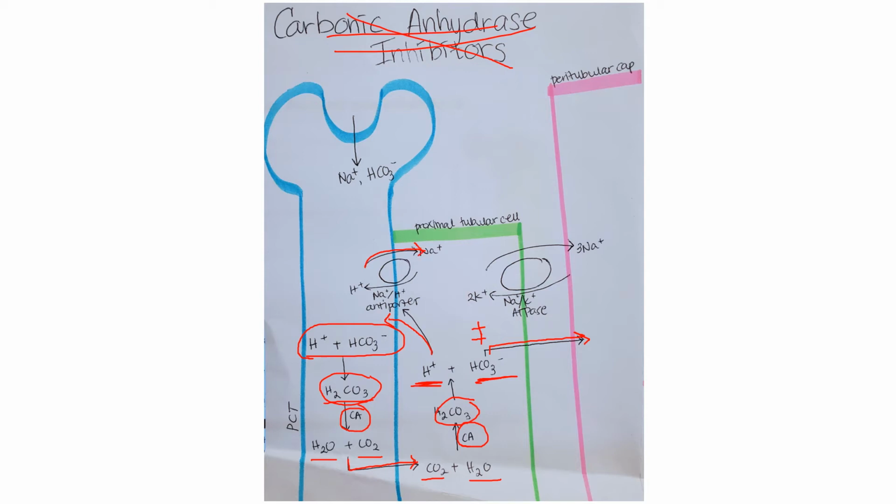Just to summarize what's happening in a normal physiological setting, the net effects would be our bicarb is reabsorbed into the peritubular capillary, our water is reabsorbed, and our sodium is reabsorbed.